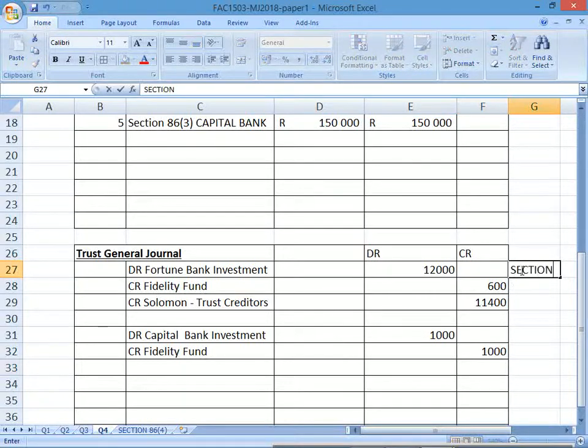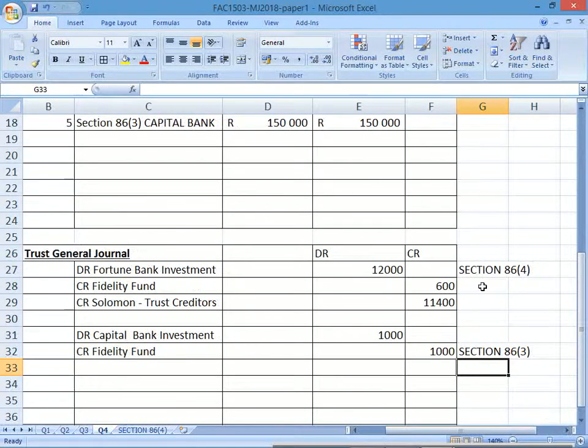This was section 86 bracket 4, and this was section 86.3. Maybe just to asterisk this. This was the 95%, and to asterisk this other way around. This was the 95%. That was the 5%.